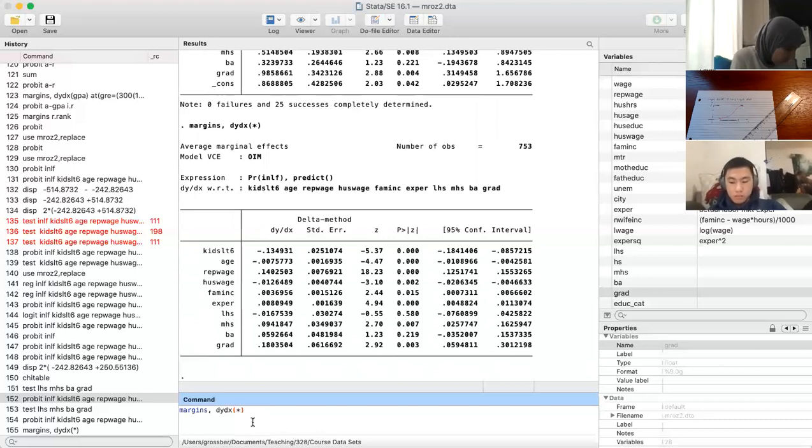And what I want to do is just to show you a variety of options that you have for things that you can estimate. So to get elasticities, instead of dy dx, we type ey ex.